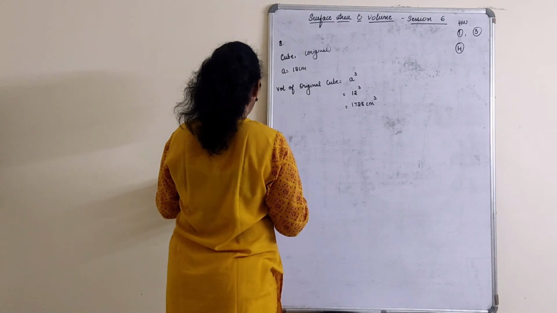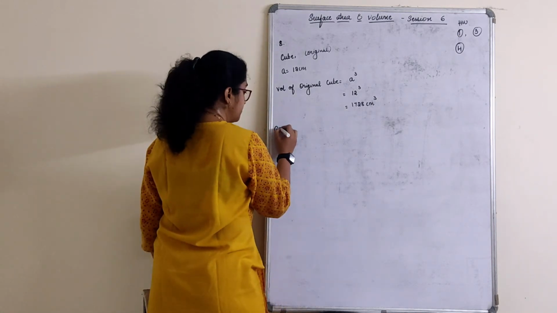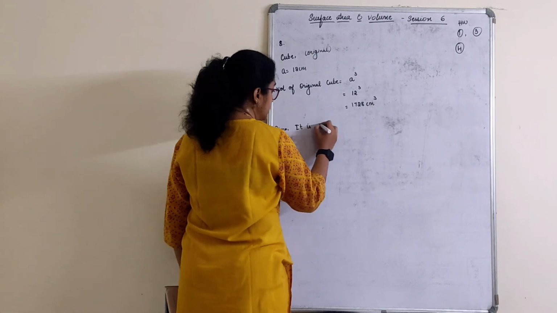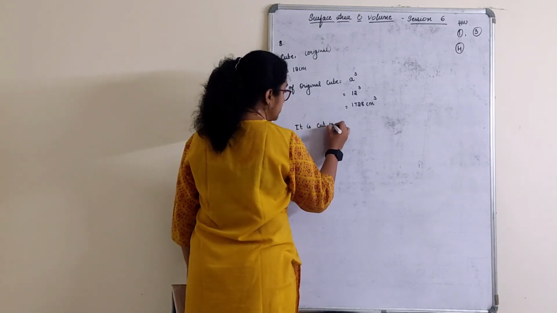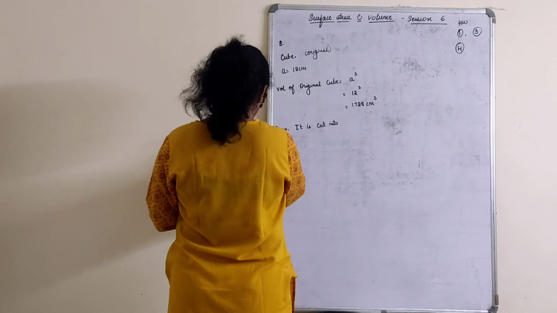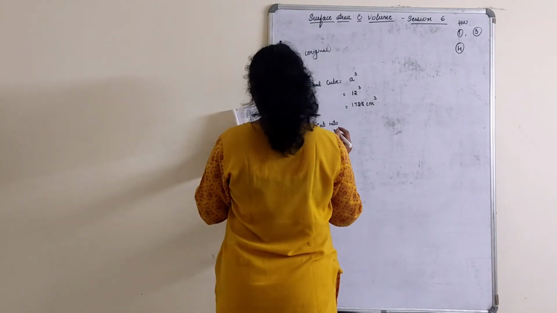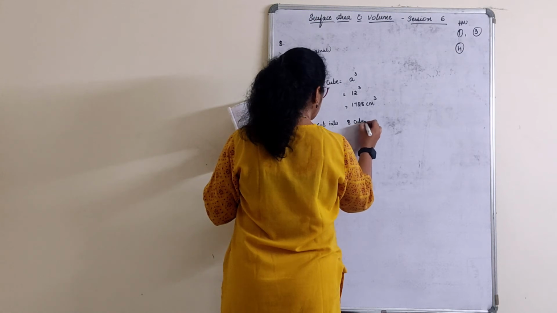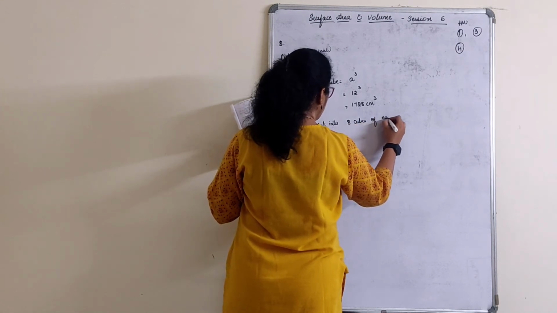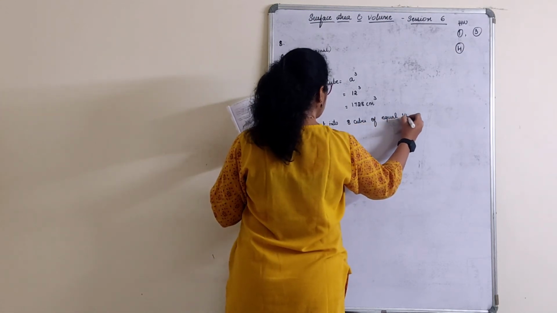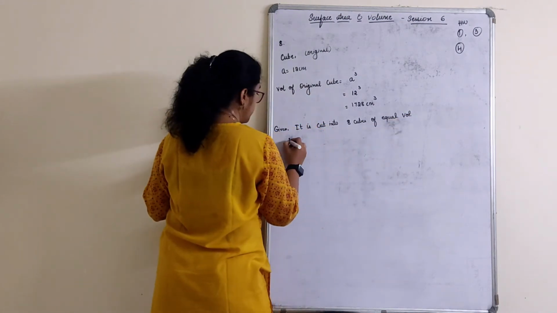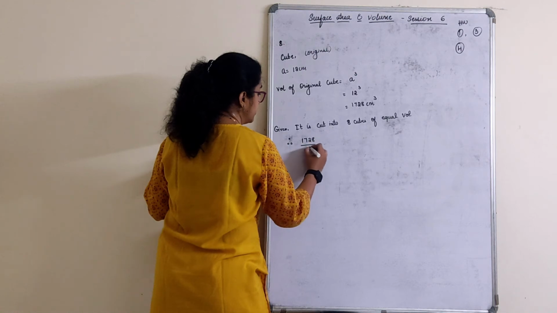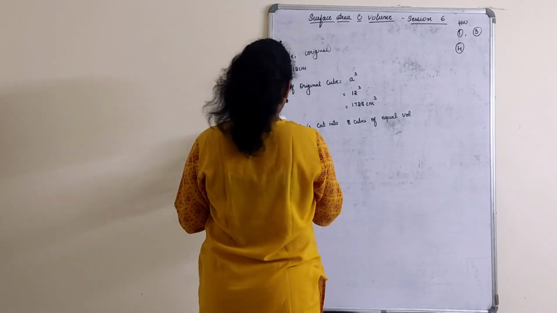Now what they have given here is it is cut into 8 cubes of equal volume. Therefore 1728 divided by 8.